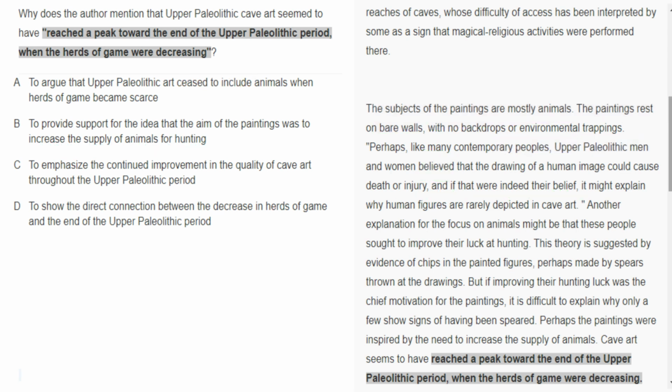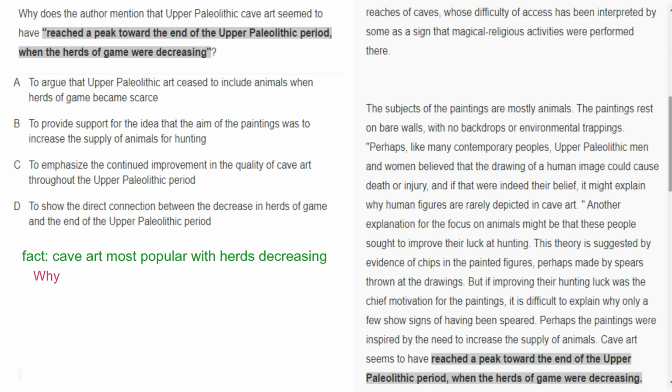Question 4. The sentence with the underlined phrase states that cave art seems to have reached a peak toward the end of the Upper Paleolithic period, when the herds of game were decreasing. It talks about the connection between the cave art popularity and herds decreasing. To understand why the author mentions this connection, find a sentence that talks about the relationship in general terms.